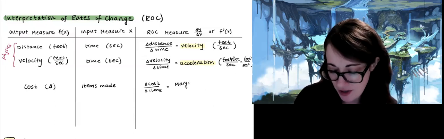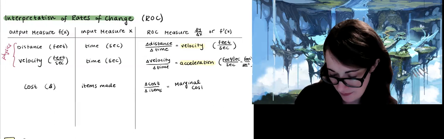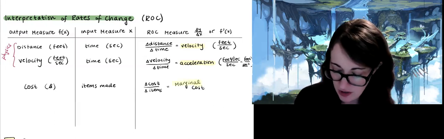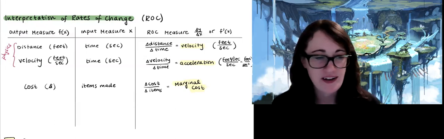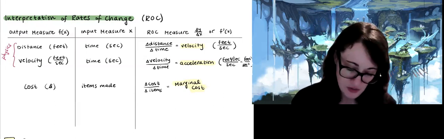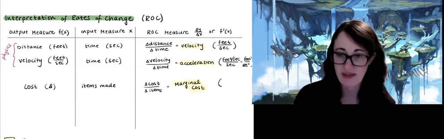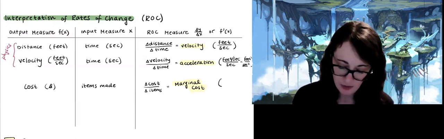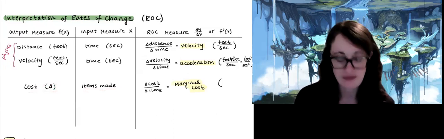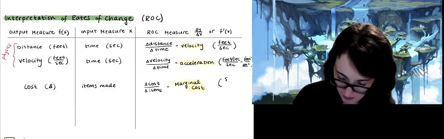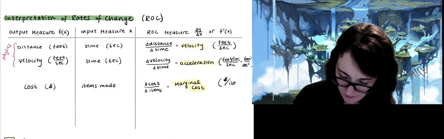This is called marginal cost. Marginal cost is the rate of change of cost depending on how many items you make. So the units for that are going to be the units of the output, which is cost, in dollars, and then per the units of the input, which is items made. So this will be dollars per item.